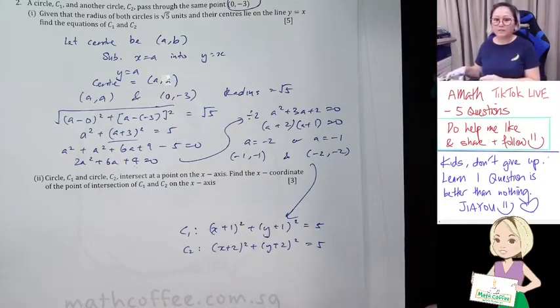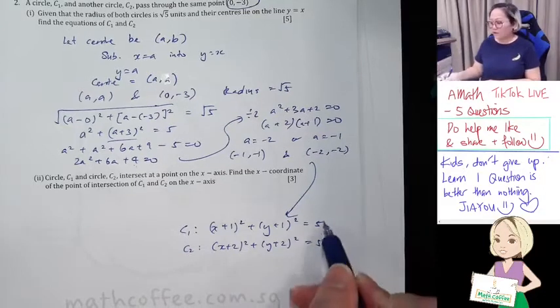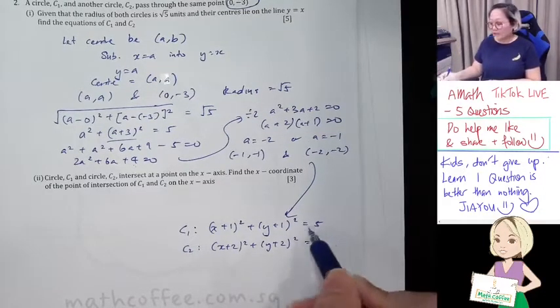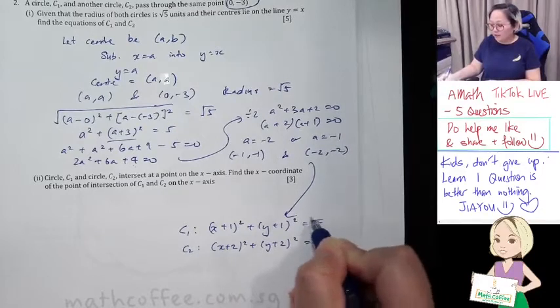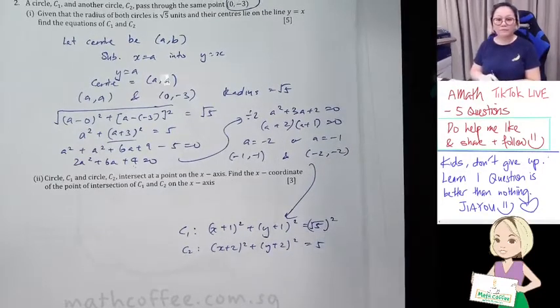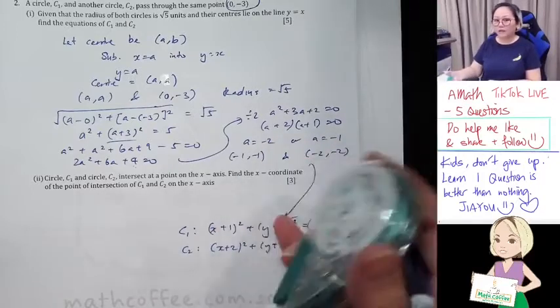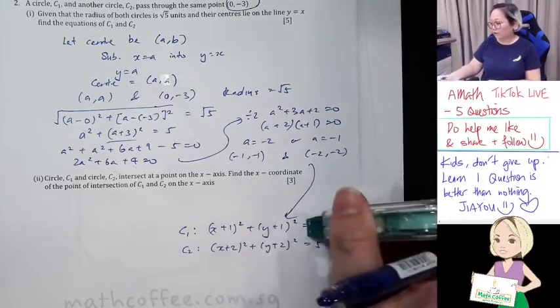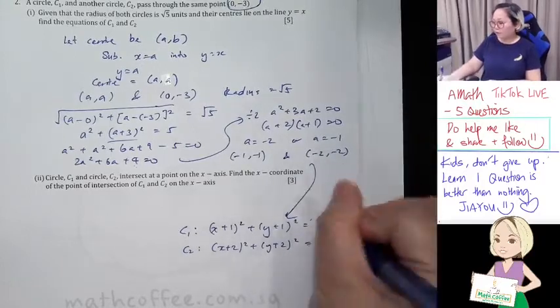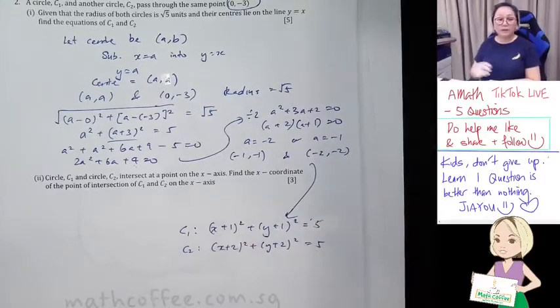Standard form, we just leave it in this, is fine. But of course, on the radius side, you got to simplify the right hand side. Only the brackets, you don't have to expand. So just put 5. So we are done with this part.